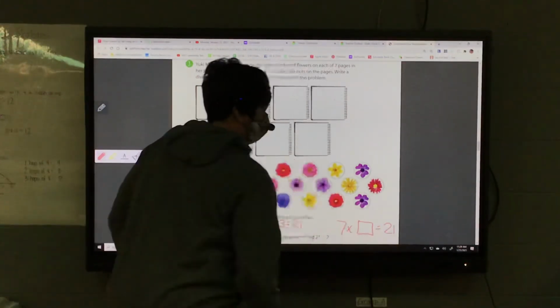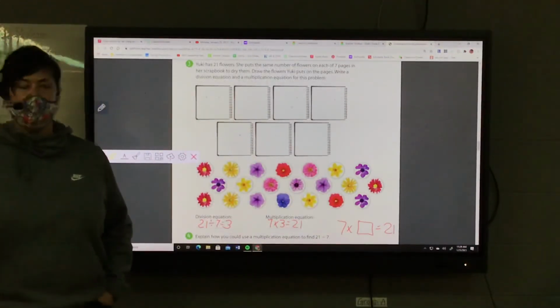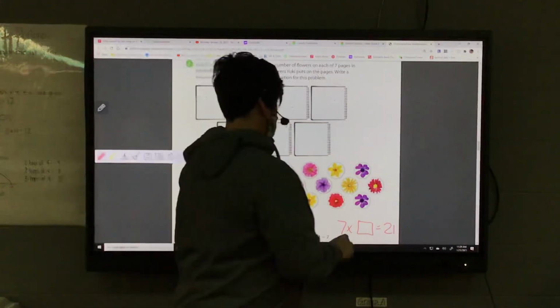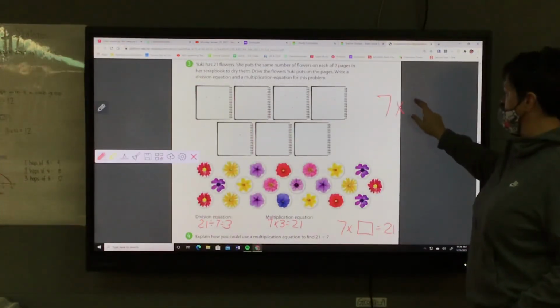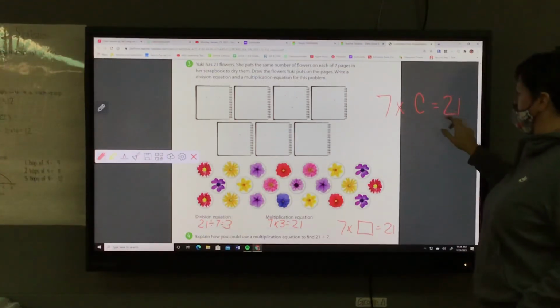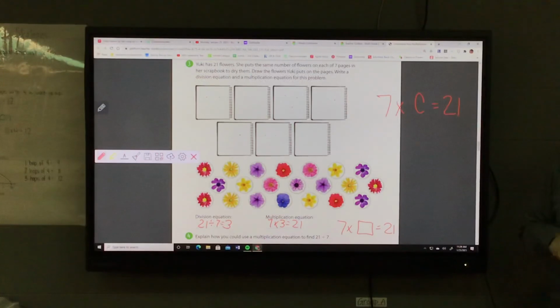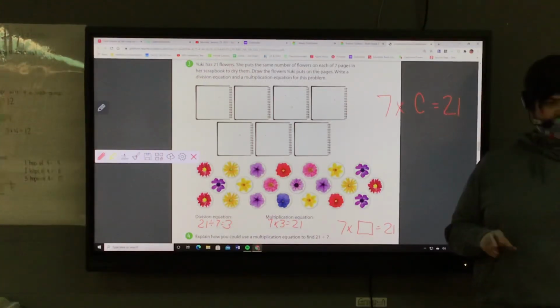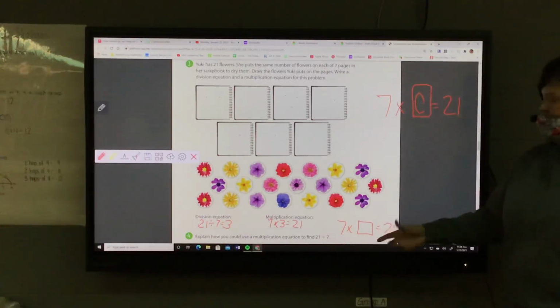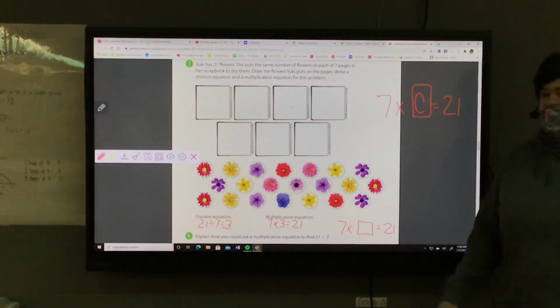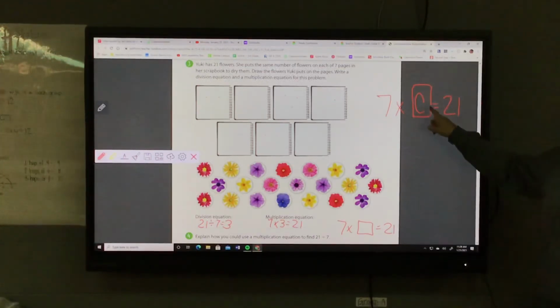In your iReady, have you ever seen anything written like this? Has it ever had a letter? Some of you have had that before. They call this a variable, and it's just the same thing as an empty box. You just have to figure out, what does C equal here then? 3.